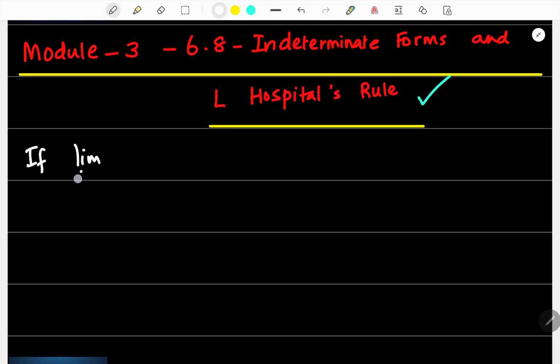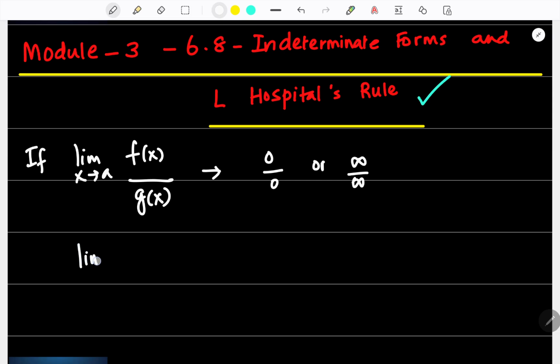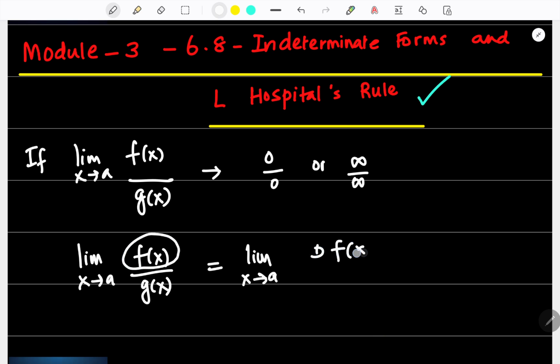If limit x tends to a, f of x over g of x is of the type 0 by 0 after putting the limits, or infinity by infinity, then L'Hopital's rule says that limit x tends to a, f of x divided by g of x is equal to limit x tends to a, derivative of f of x divided by derivative of g of x. No quotient rule. Do the derivative of the numerator separately. Do the derivative of the denominator separately.